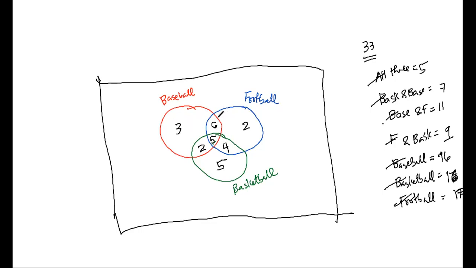We have 3 plus 6, that's 9, plus 2, 11, plus 2, 13, plus 5, we'll get 18, plus 4, 22, plus 5, 27. So the total for all 3 circles is 27.